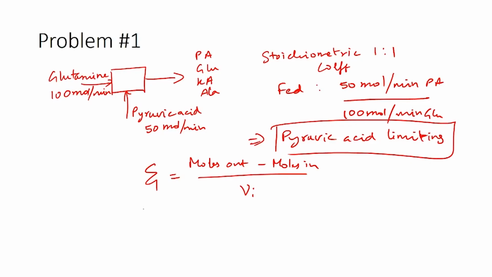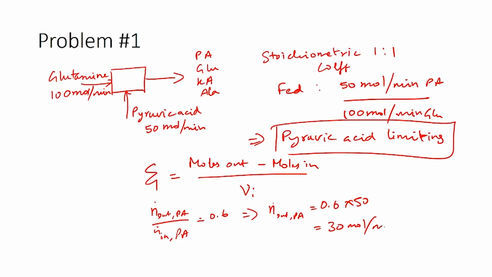We have been given that the moles of pyruvic acid leaving divided by moles of pyruvic acid entering is equal to 0.6. We already know the moles of pyruvic acid entering, which is 50 moles. So the number of moles of pyruvic acid leaving the system as unreacted pyruvic acid would be 0.6 times 50, which equals 30 moles per minute.